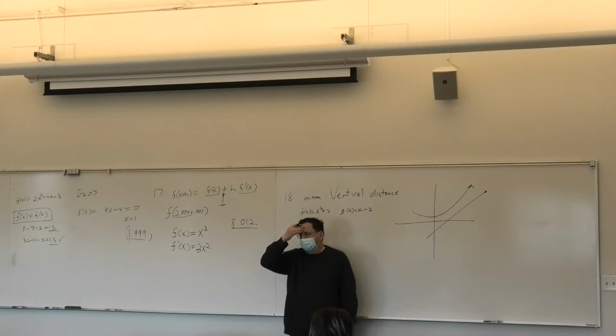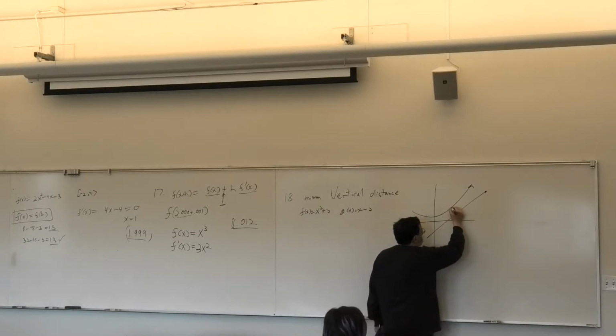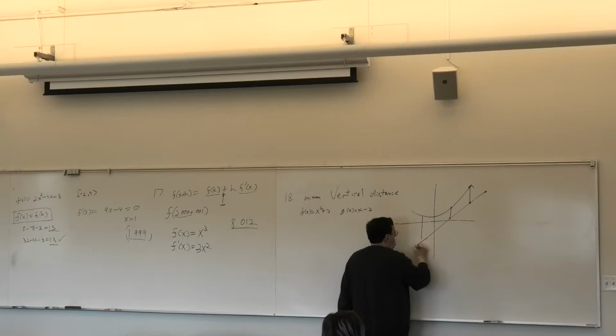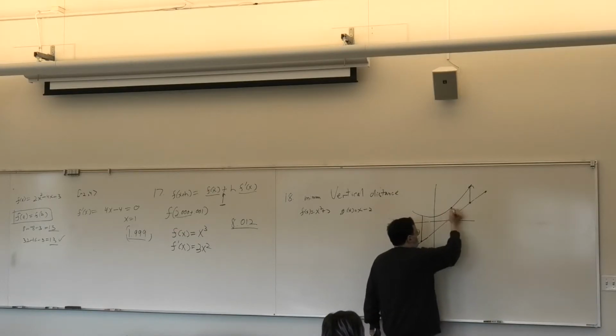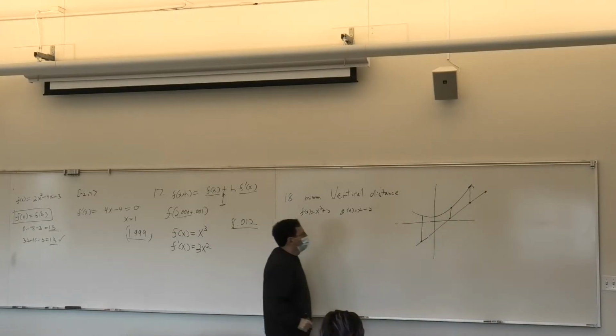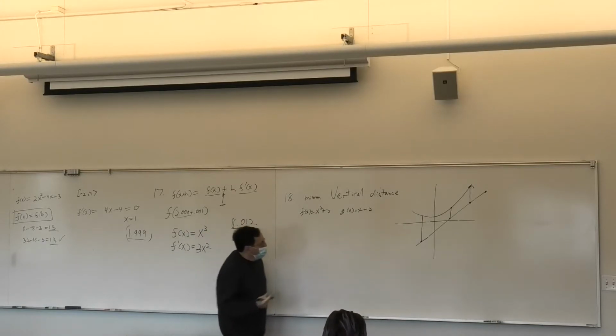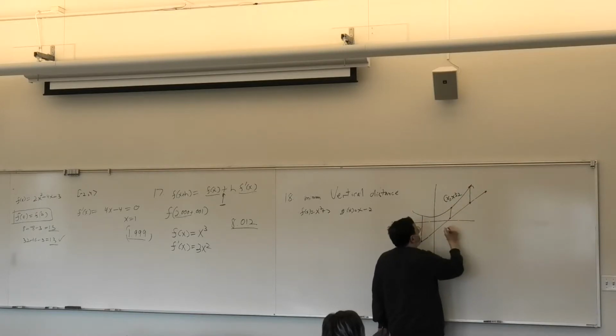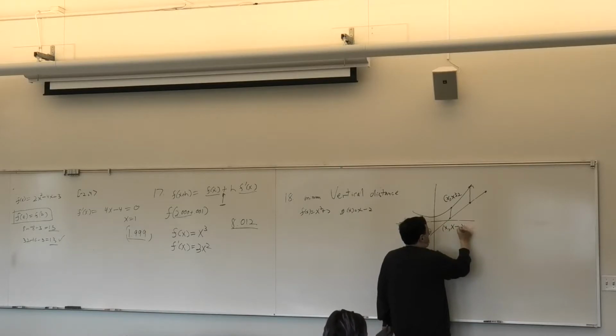So you had to think about this problem: what is the vertical distance? See, it's getting larger as we go up, and it gets larger after a certain point. So somewhere in the middle here, it's at a minimum. So what is that vertical distance? Well, each point here is x, and x squared plus 2, that's f of x, and g of x is x and x minus 2.